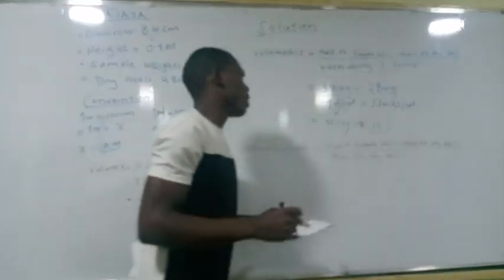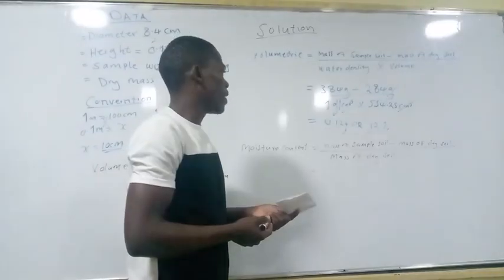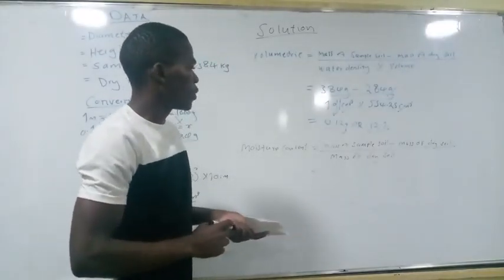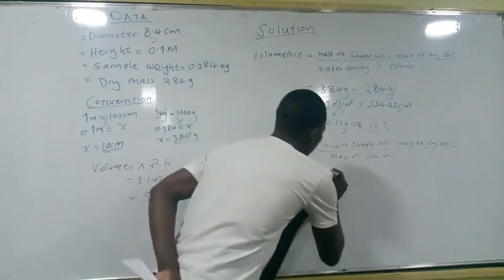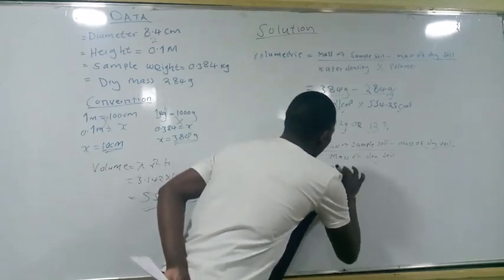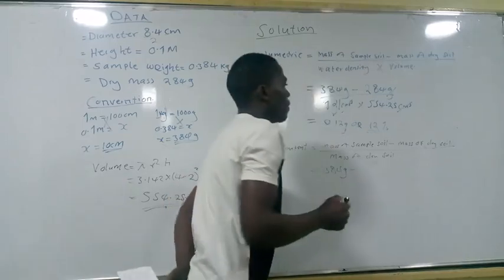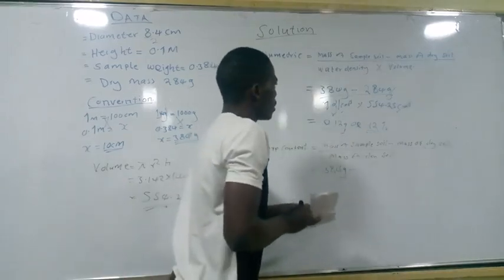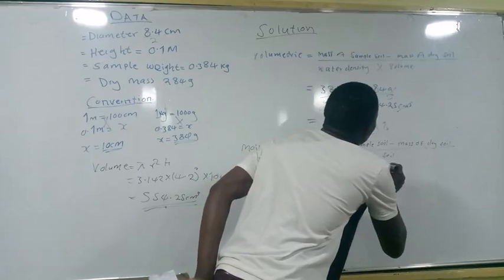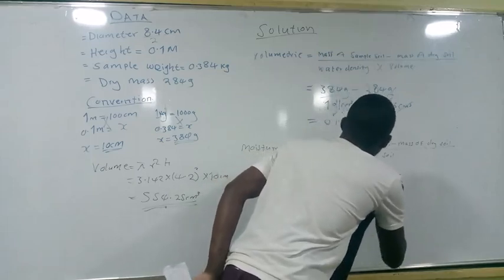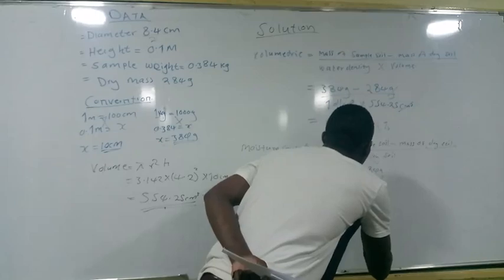As you know, we all have the values of the mentioned terms in the formula. So mass of the sample of soil is what? 384 grams. We subtract the mass of dry soil, it's what? 284 grams, over mass of dry soil, 284 grams.